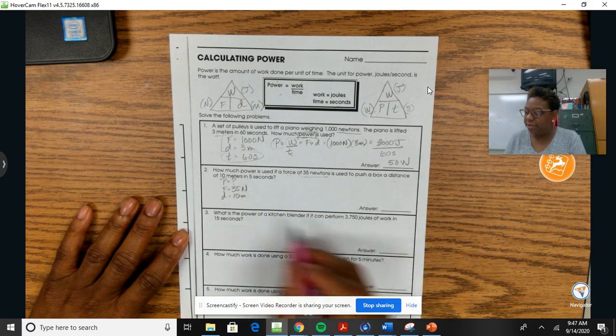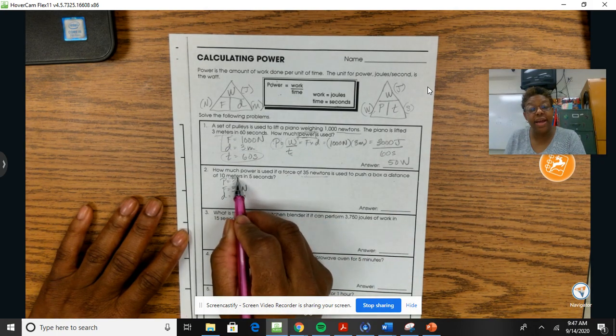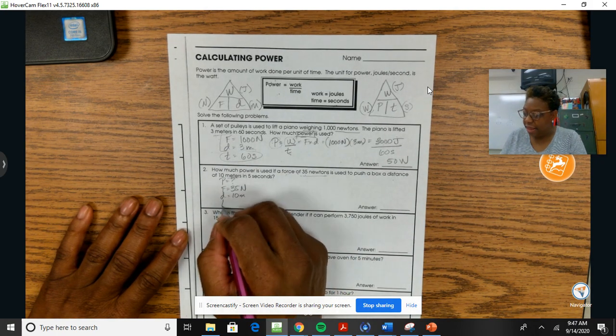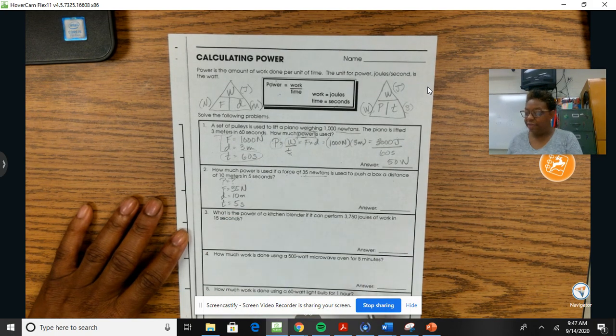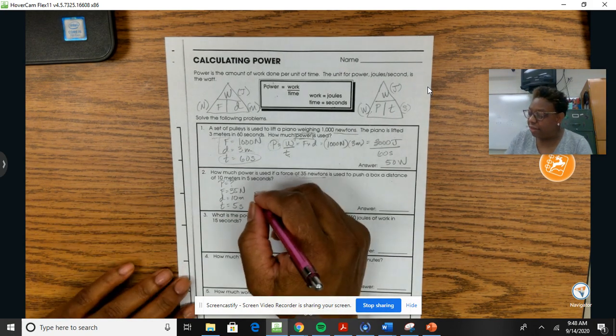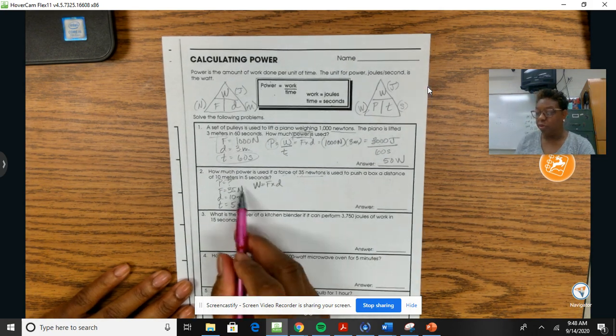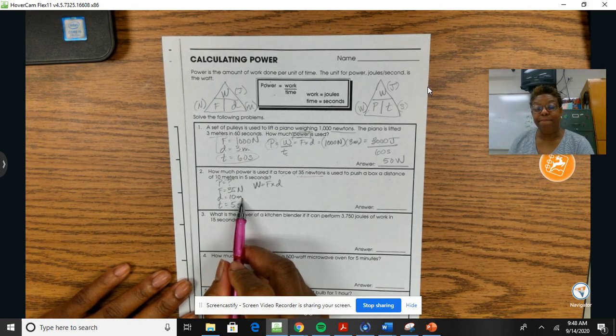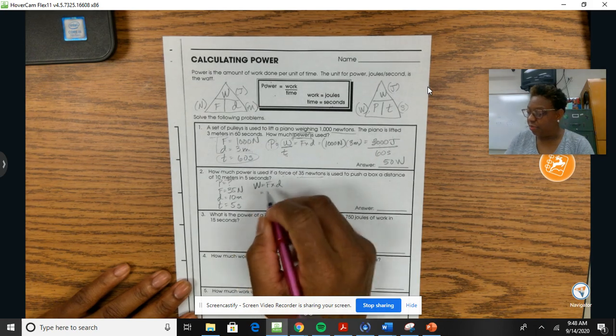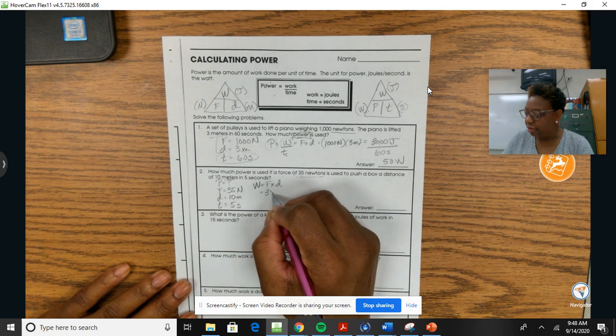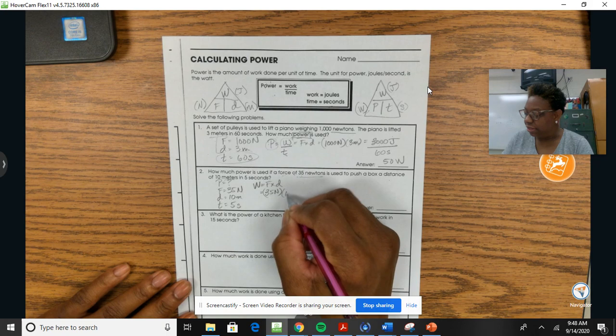They told me that it was distance, but I could also recognize it by the unit, in 5 seconds, which gives me my time. Like the previous problem, we need to find work first because work was not given in the problem. So work is equal to force times distance, 35 newtons times 10 meters.